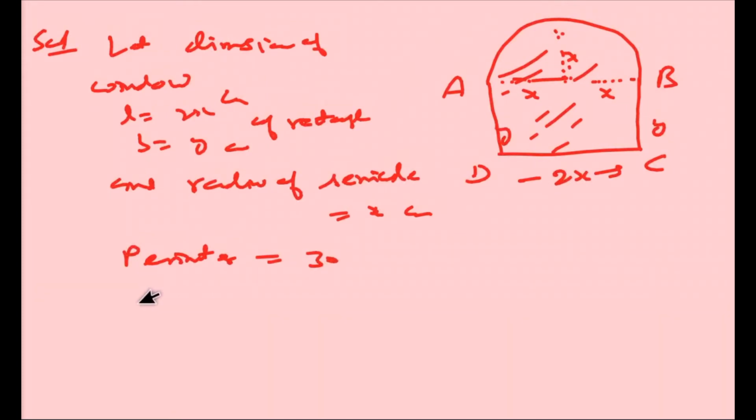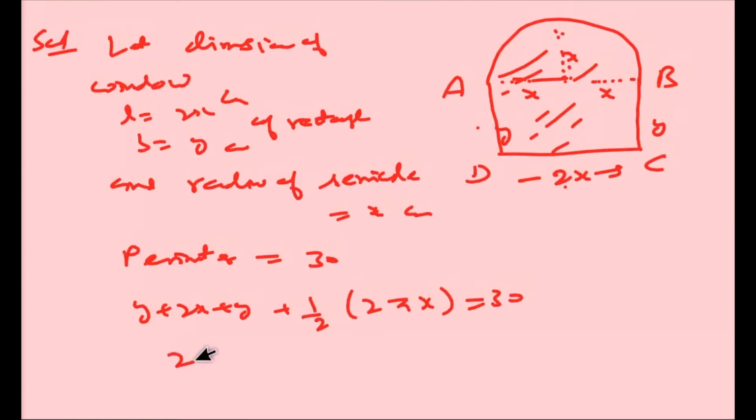The perimeter we can take here as y plus 2x plus y, and this arc. So y plus 2x plus y, and the length of the arc, that is half of the circumference, pi r, is equal to 30. Now this one is your equation in terms of x and y.